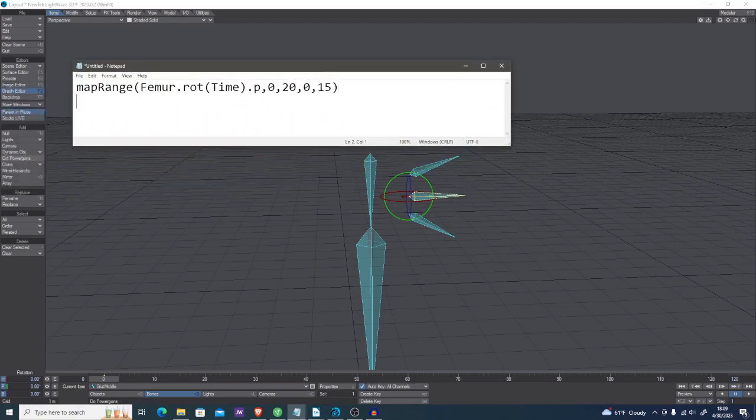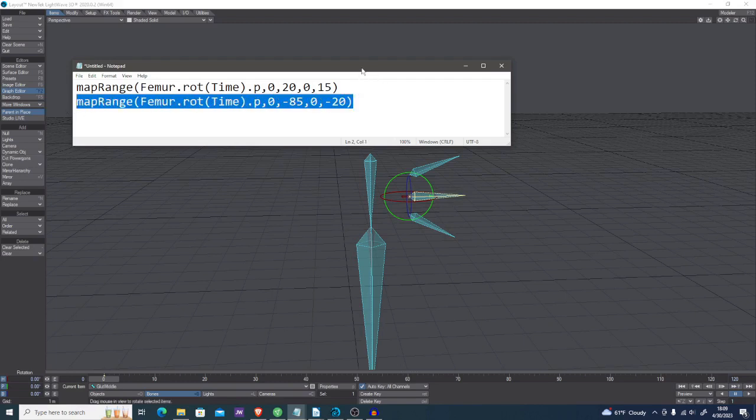It's going to be mapRange again, femur dot rotation time dot pitch, 0, negative 85, 0, negative 20. I'm going to grab those.